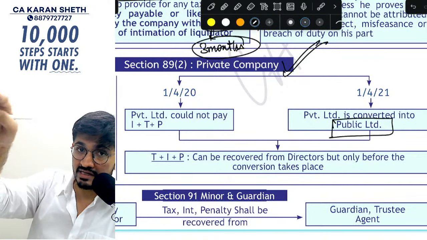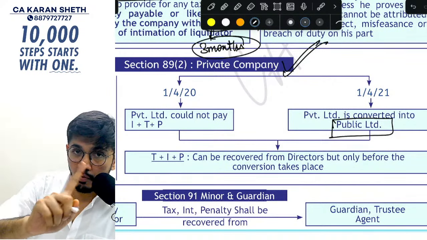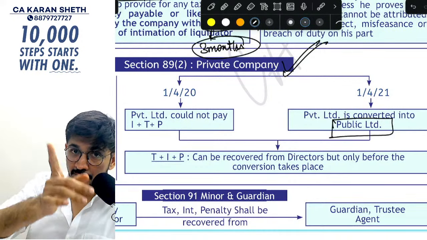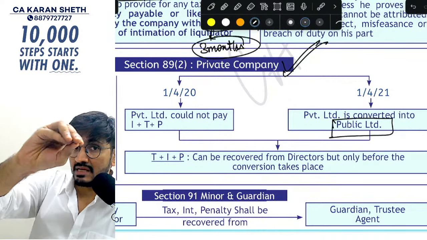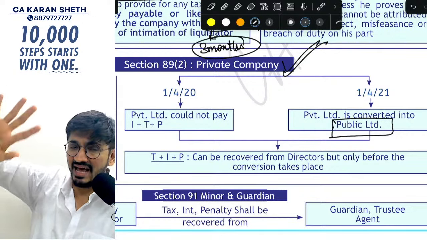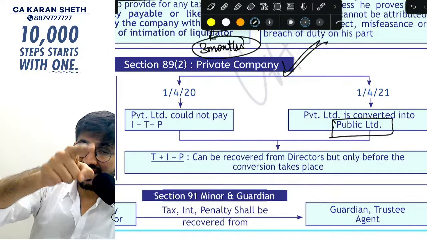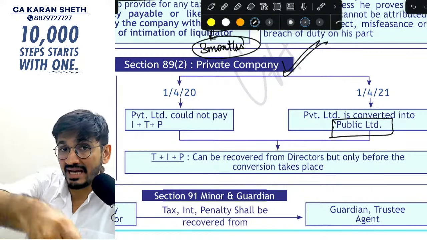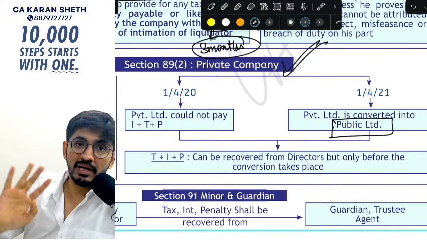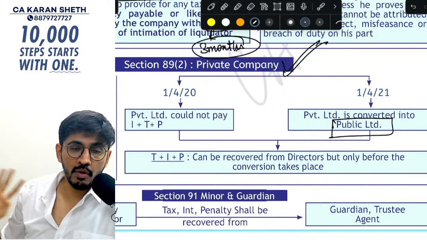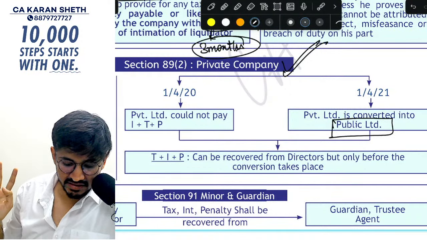You cannot make the directors jointly and severally liable. So if you really want to recover that money, make sure that the private company which has raised their hand saying that I cannot pay, you go fast and collect that money from directors before that private company becomes public limited. Because once it is done, you cannot take any money from the directors.